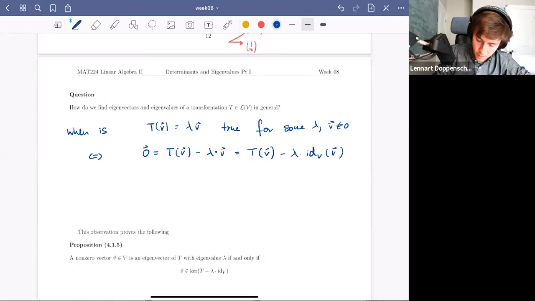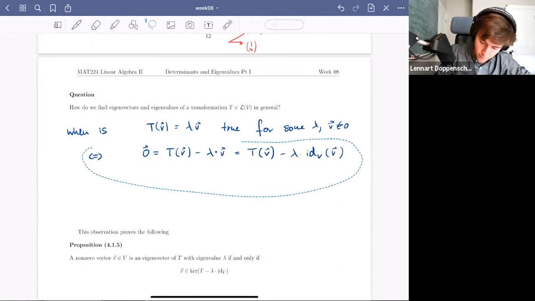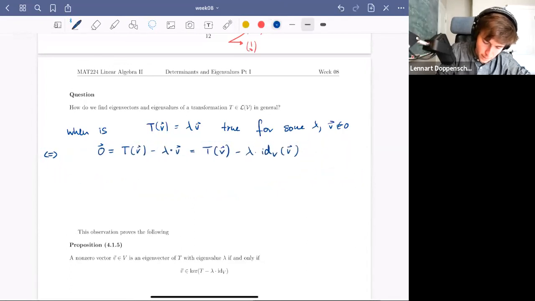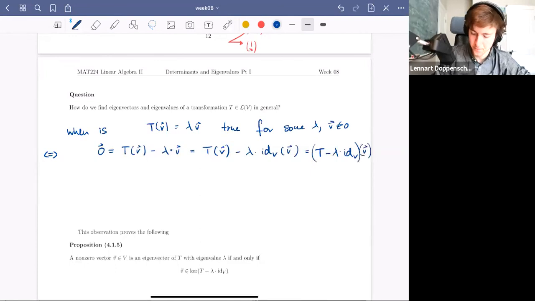And then finally, we can write this as a new transformation, T minus lambda times the identity transformation, applied to v. So it's very important to understand that this is a new linear transformation.